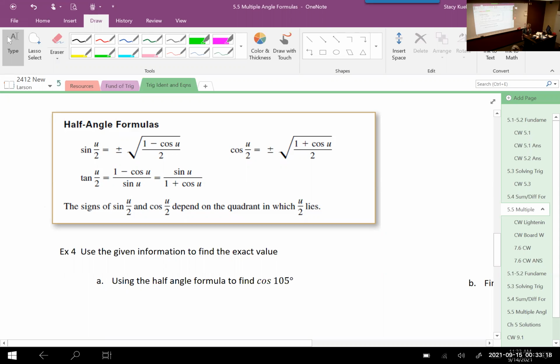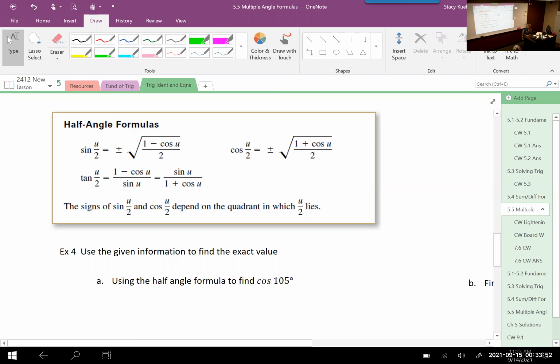So whether we use the plus sign or the minus sign will depend on what quadrant the half angle lies in. Okay, so you want to make sure you write that part down because that gets a little confusing.